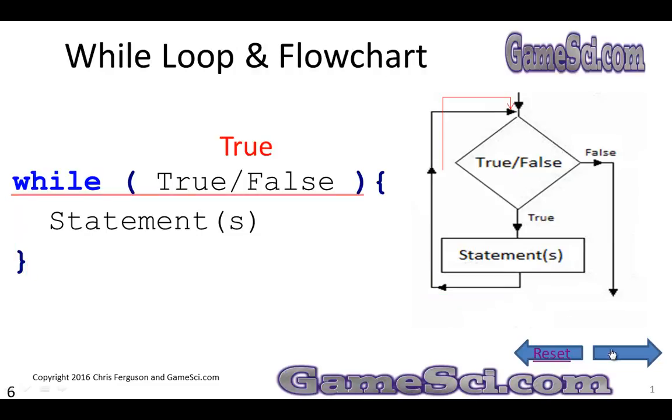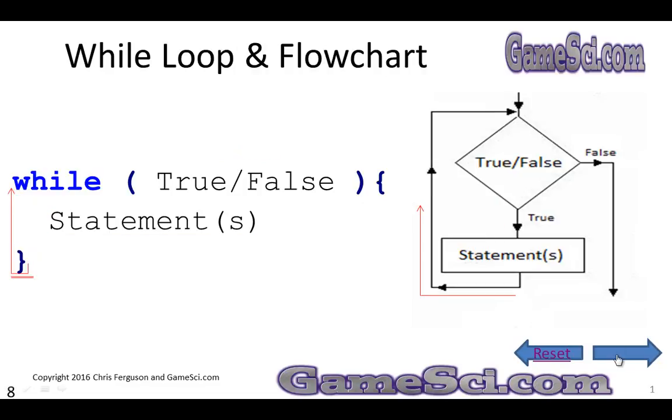Next step, we evaluate the true-false condition once again. See why it's called a loop? It's sitting here spinning on this code, executing that block of statements as long as the while statement condition is true. Once again, it's true. I execute the block of statements here. I'm showing you on the flowchart the path this flowchart will take.